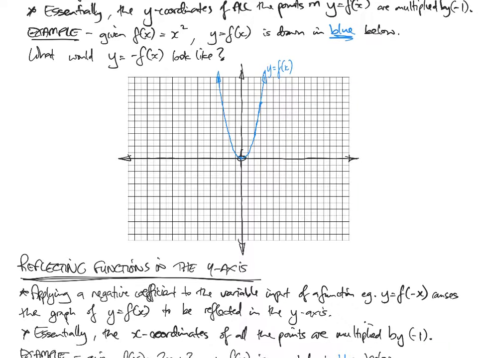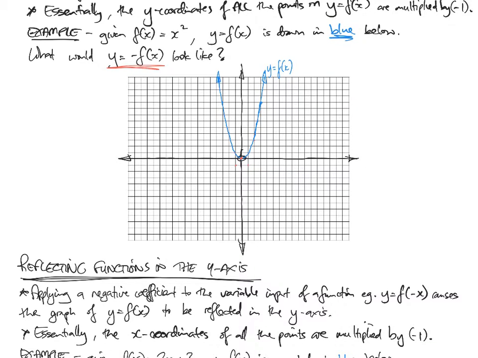All that's going to happen, and I'm going to draw that in red, is that the y coordinates of all these points will be negative. The y coordinate of the first point at 0 is still going to be 0. -0 is still 0. Here, the y coordinate is 1. Here, the y coordinate is 1. So for the graph of y is equal to negative the function of x, it is going to be -1.